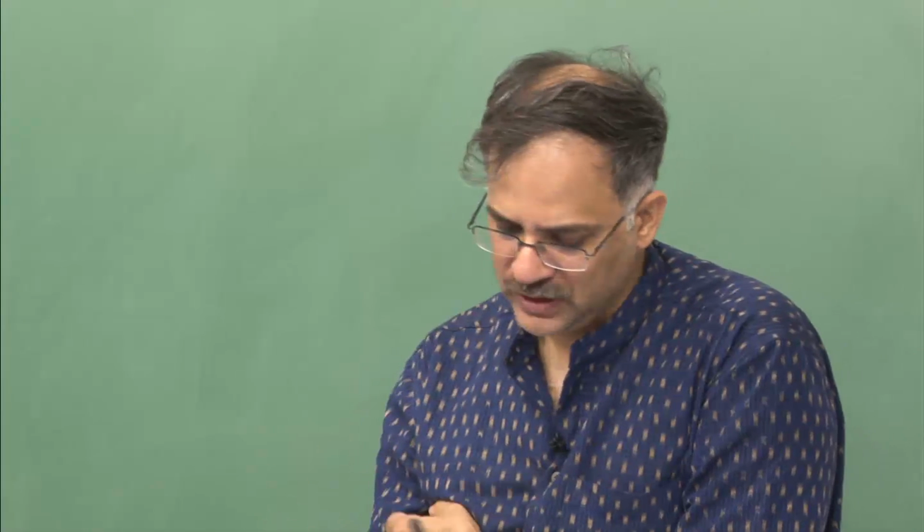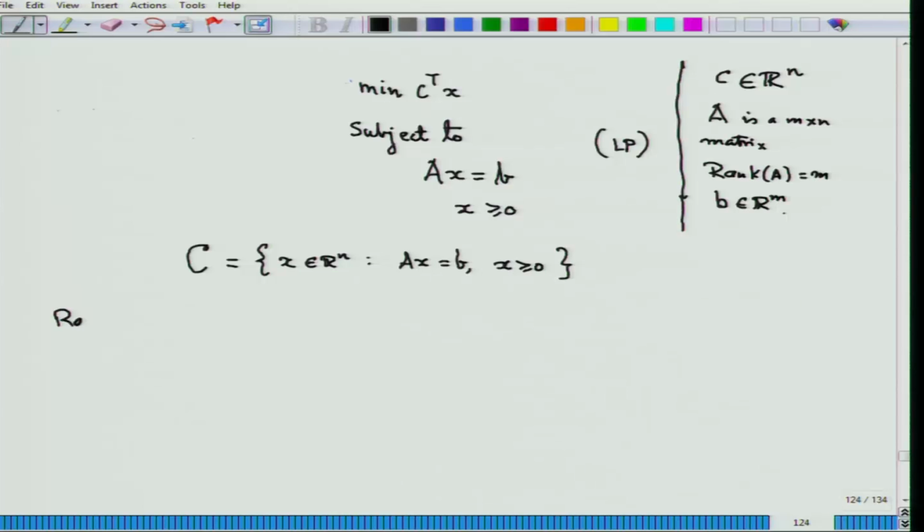The trick is as follows. Because you know that the rank of A is m, that is, A is of full row rank, we know that A has m linearly independent columns.